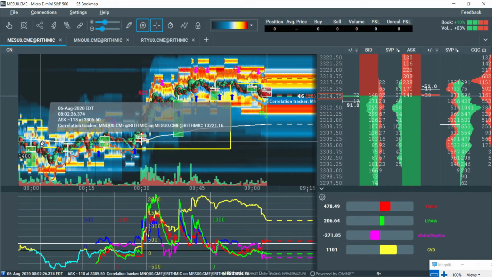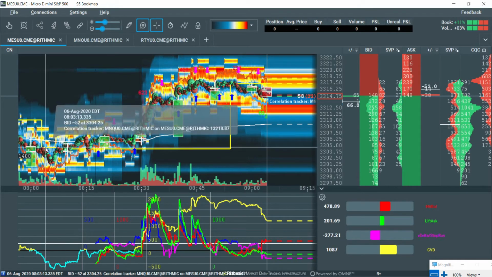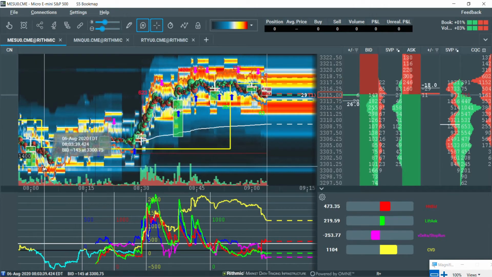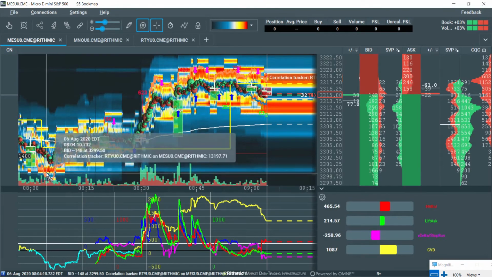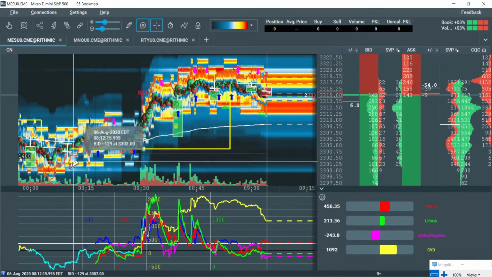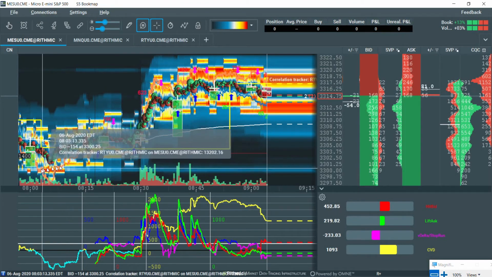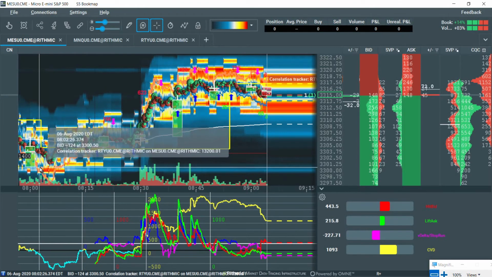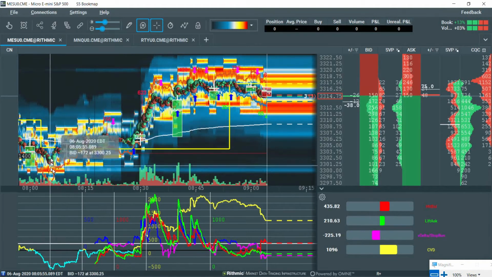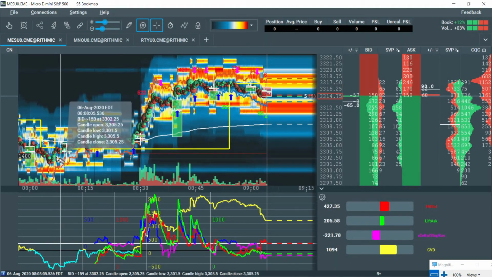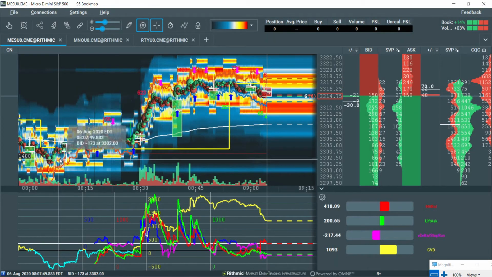So 8 o'clock, we see correlation. The blue line is the micro NASDAQ. The orange line here is the micro Russell. So they're both trending down, and then there's a switch around 8:06 or so.